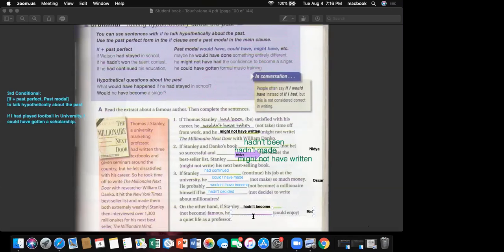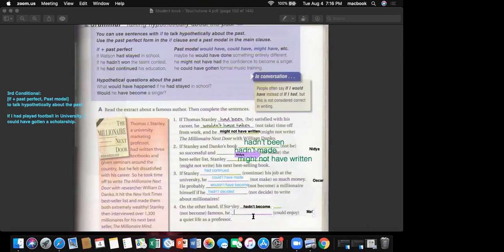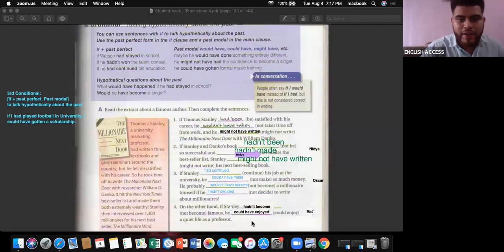Might not could enjoy? No, don't combine modals. Only use one. He could have enjoyed. Yes. Could have enjoyed.